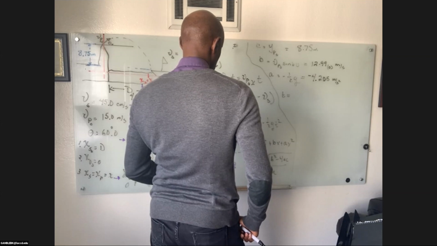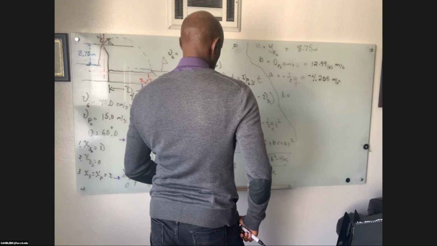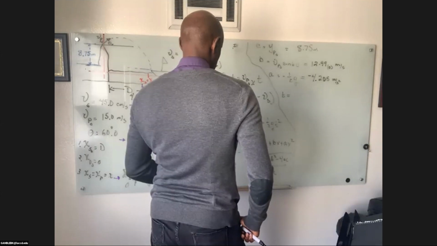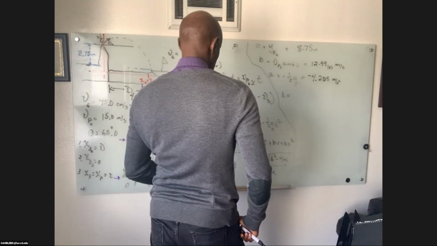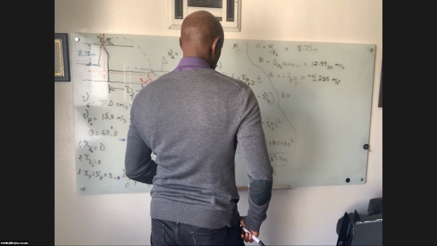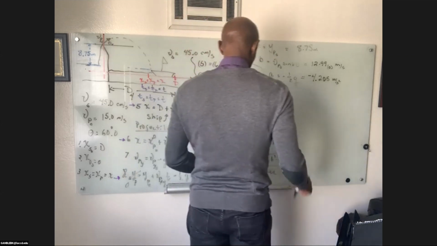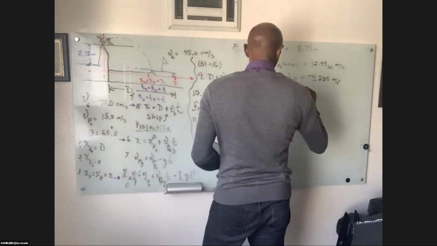So it's positive. That's not the one we want. So we would be adding it together. Negative, negative. So I think it's the positive solution that we want. I think it's the positive, so I'm going to go for that one first.